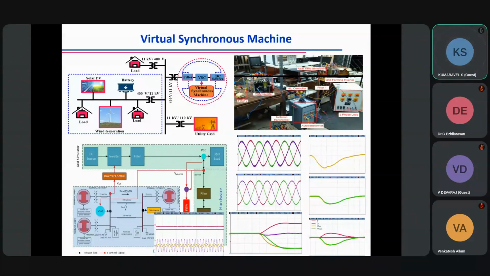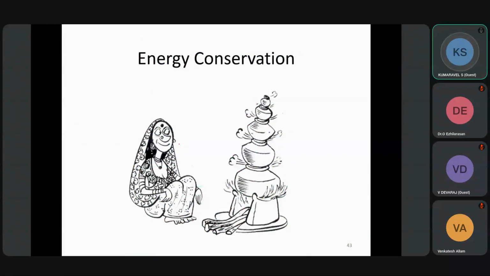Okay, so I suggest AI application in power systems promotes the penetration of renewable energy, which is highly required at present. Okay, with this, I am coming to the end of my lecture. So thank you very much for providing me an opportunity to share some of my research expertise with all the audience.